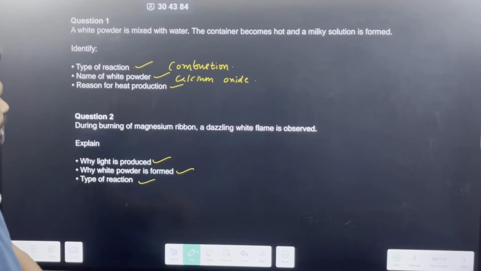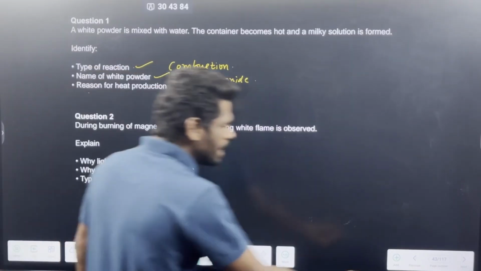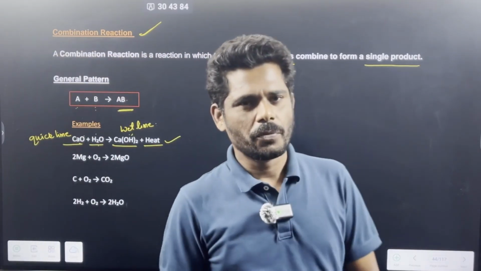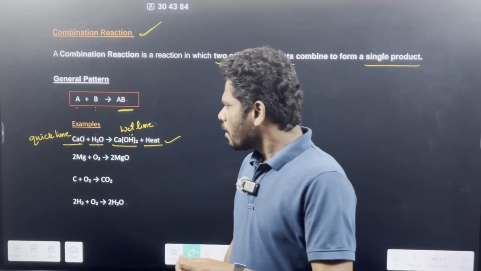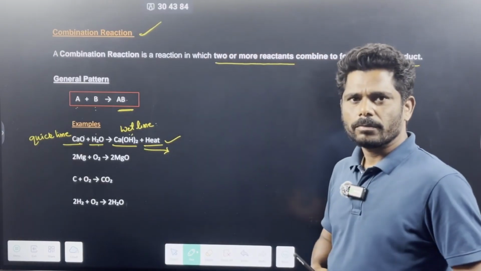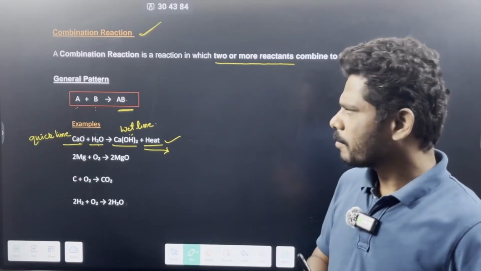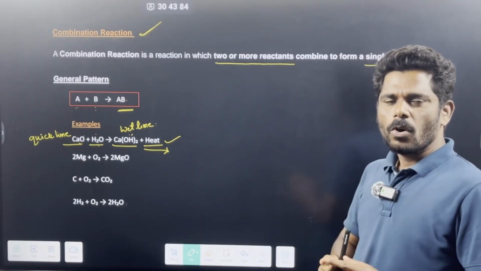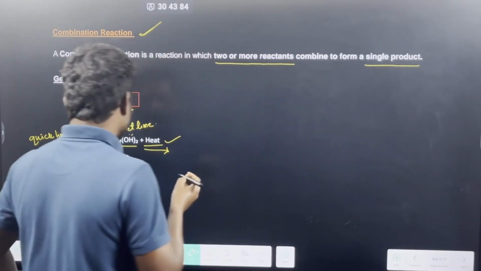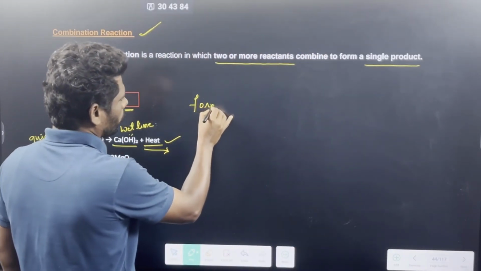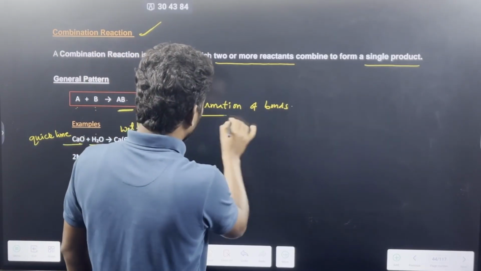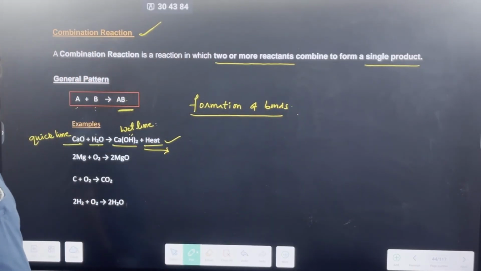oxide, obviously. Now the question comes here, reason for heat production. What's the reason for the production of heat? Usually the heat is produced or the energy is liberated in any reaction where there is formation of new bonds.